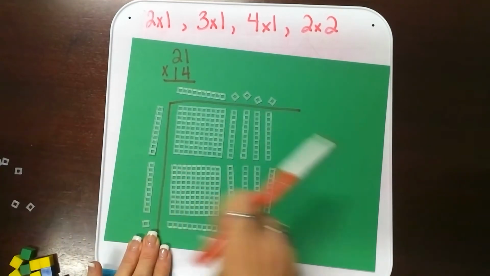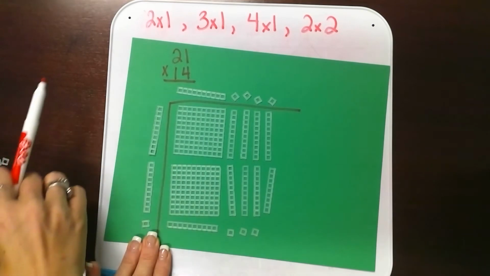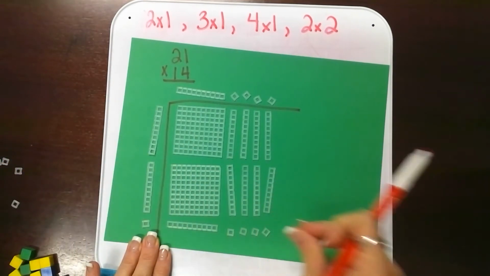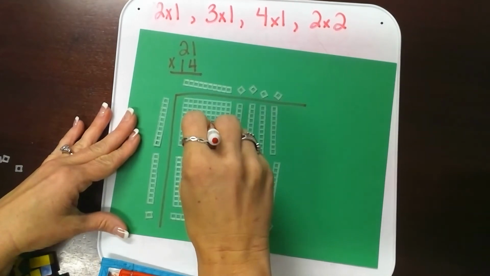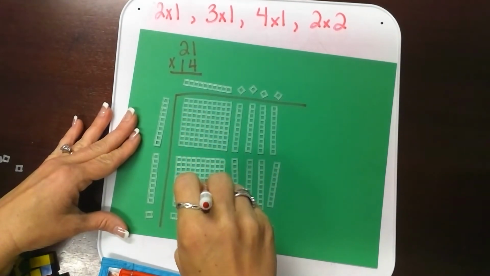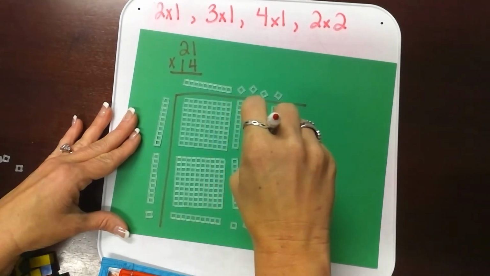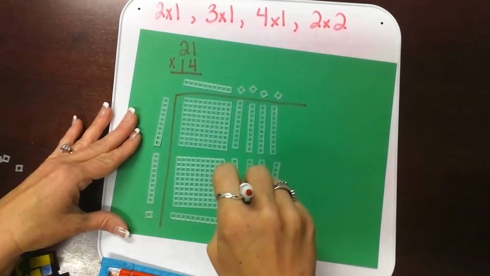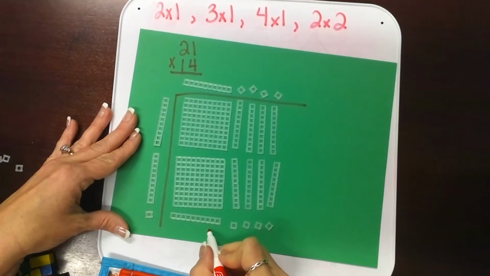I have 1 times 1, which is 1. 1 times 1, and 1 times 1. Okay? So I can very easily find my answer. It's 100, 200, 210, 220, 230, 240, 250, 260, 270, 280, 290, 294.